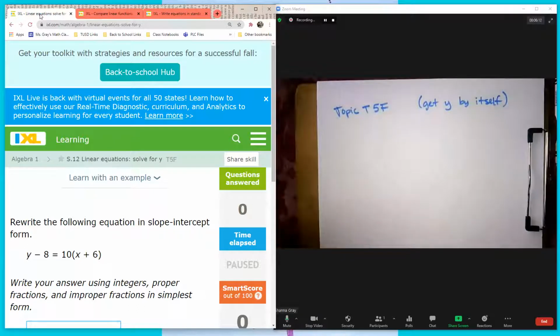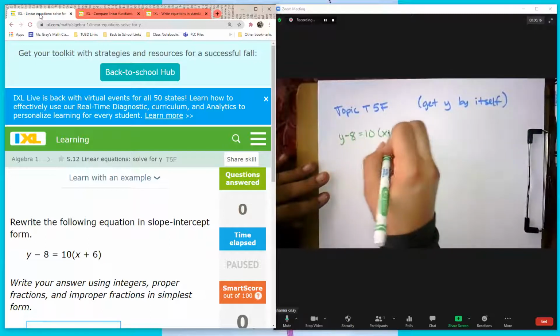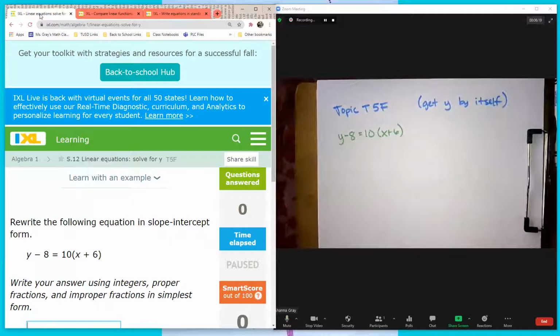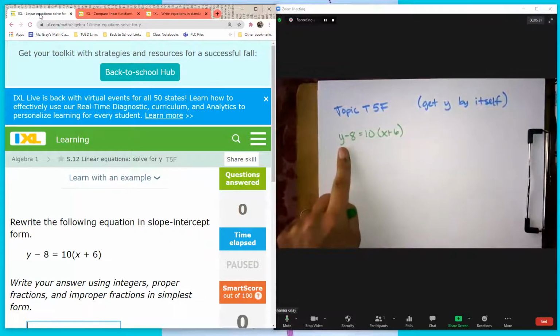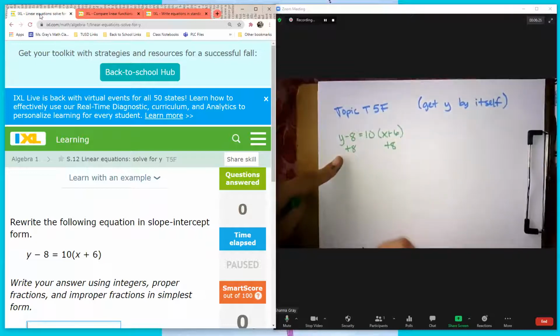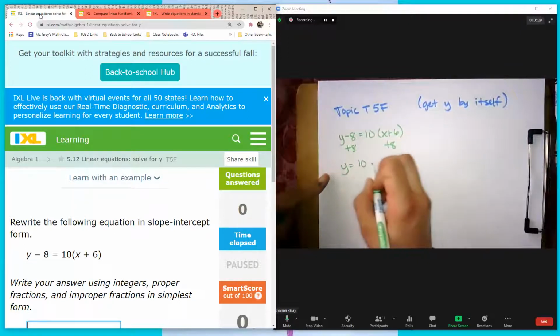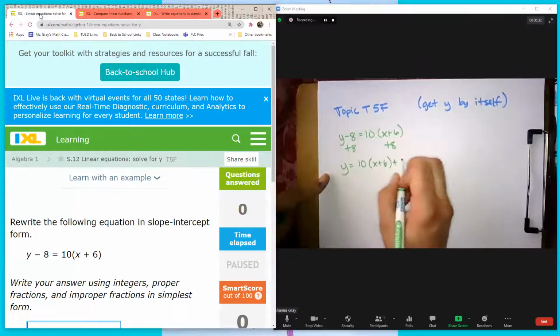So if you look at the example, y minus 8 equals 10 times x plus 6. The y is almost by itself, right? Really all I have to do is add 8 to both sides to move it over. And now I have y equals 10 times x plus 6, and then that plus 8 at the back.